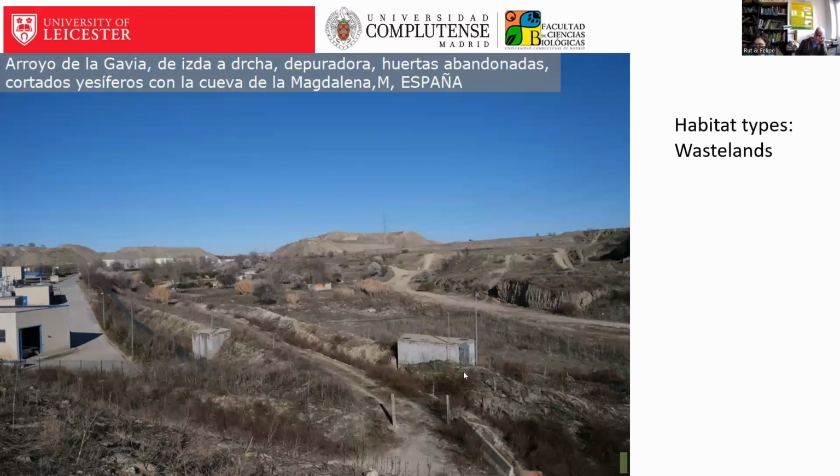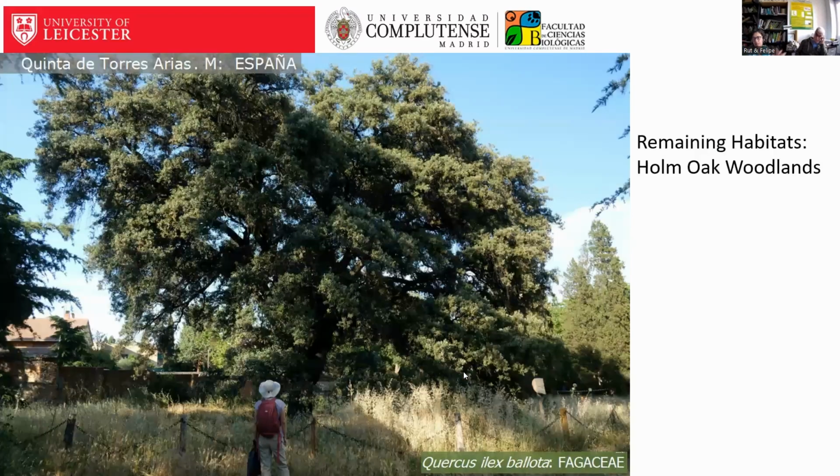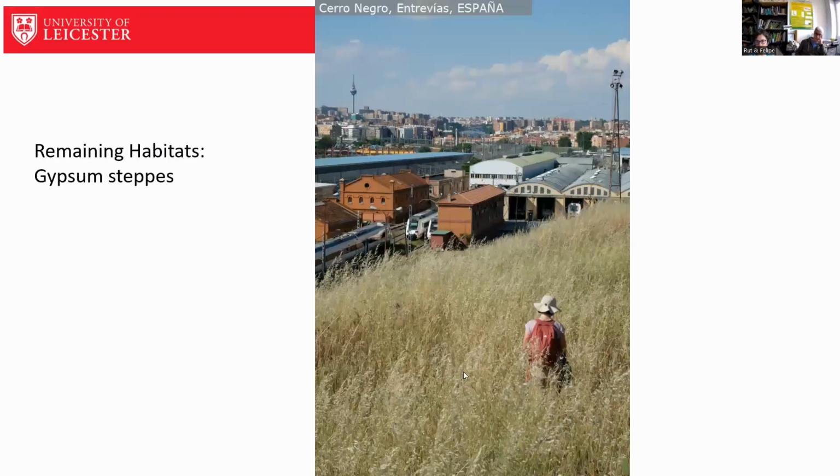And wasteland, of course, and the remaining habitats that Felipe was talking about before, mainly holm oak woodlands and the gypsum steppes.